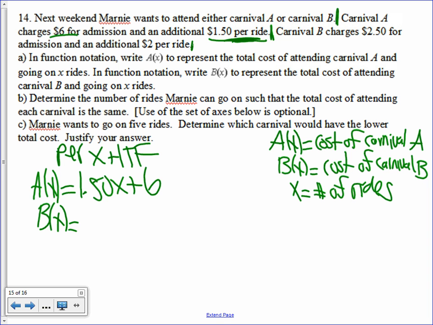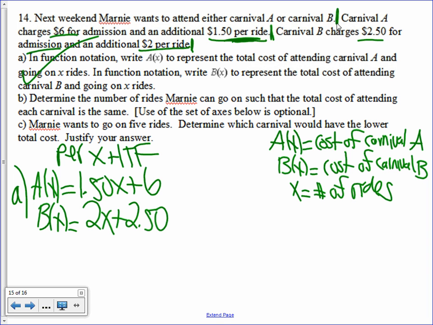It's $2 per ride, so it's 2X. The one-time fee is a $2.50 admission, plus $2.50. In function notation, write A of X to represent the total cost of attending Carnival A and going on X rides. In function notation, write B of X to represent the total cost of attending Carnival B and going on X rides. Just did that. That's this right here.